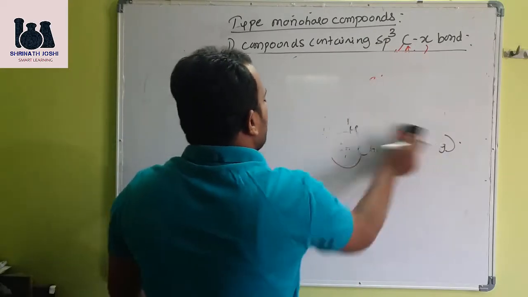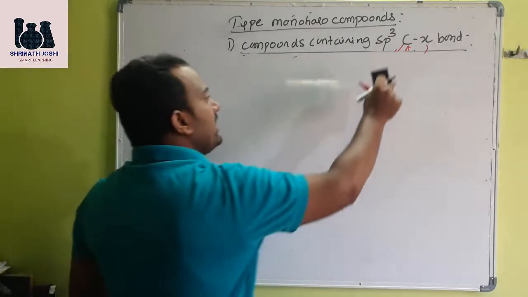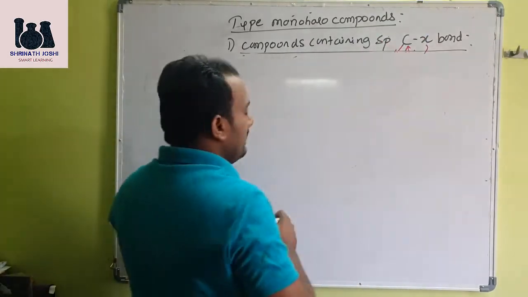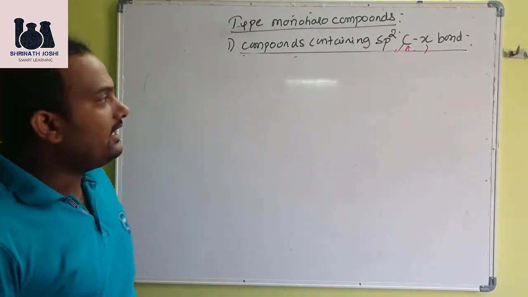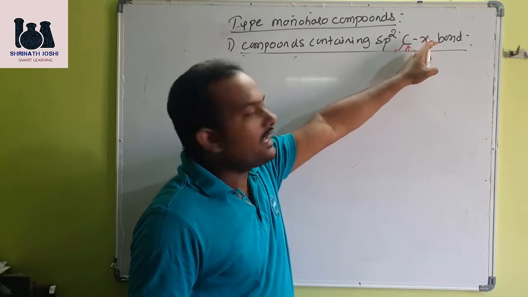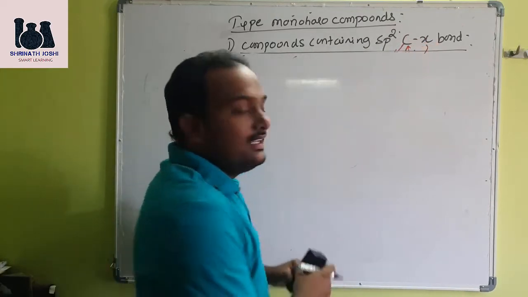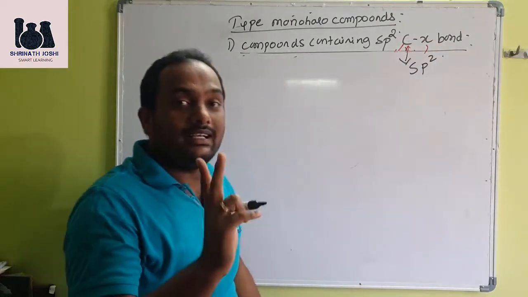Just a small change over here. Now the type of hybridization I am going to change. Now we have compounds containing which hybridization? sp2 C-X bond. Here sp2 means the carbon containing the halogen, or the halogen which is bonded to carbon, that carbon should be sp2, meaning it must be doubly bonded.